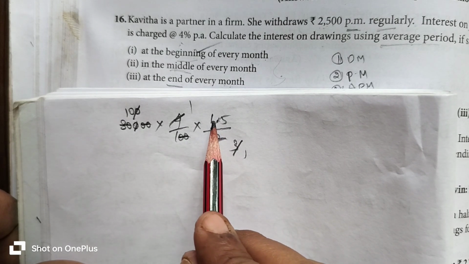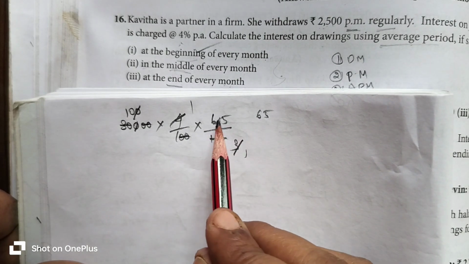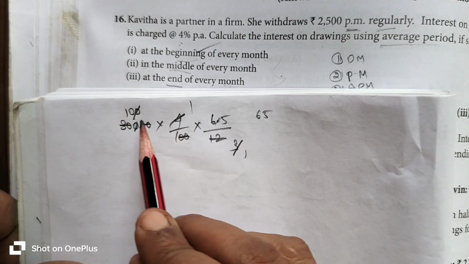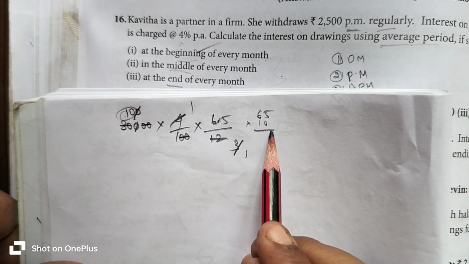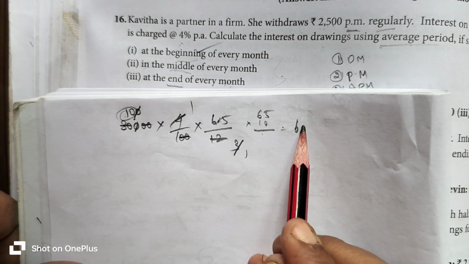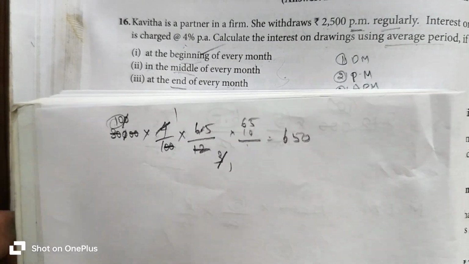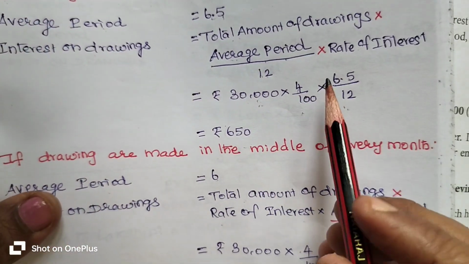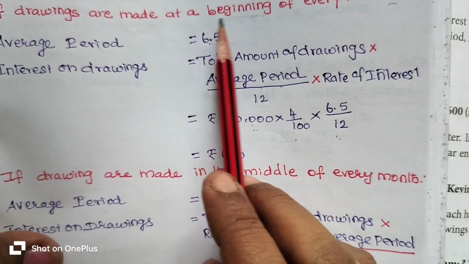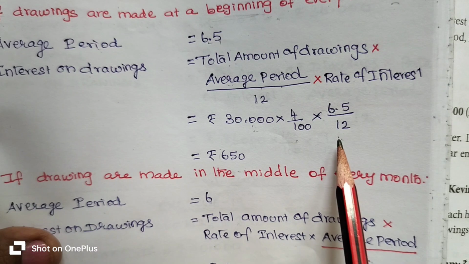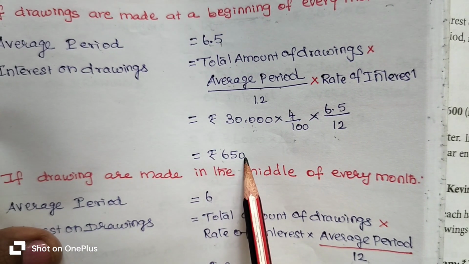Remaining we have 65. It is converted into 65. So 10 into 65 equals 650. So the interest on drawings under the average period method at the beginning of every month is 650 rupees.